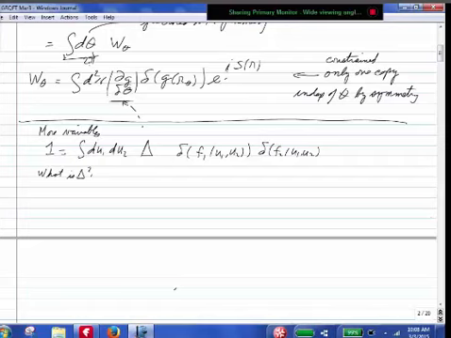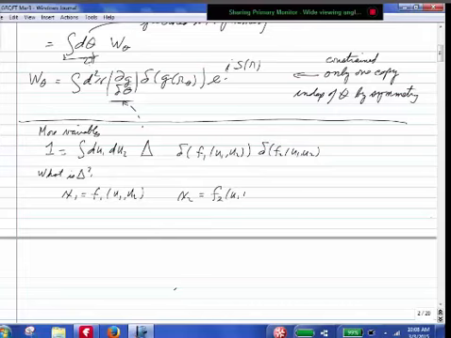And then instead of the dg d theta piece here, we need something, call it delta. The point is that we have to figure out what delta is. It's not that hard. It's just a Jacobian, which in a way is the Jacobian of a one-dimensional transformation.